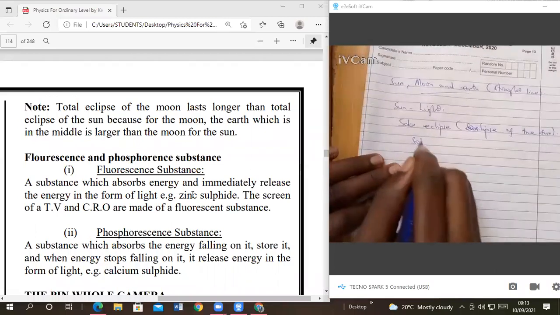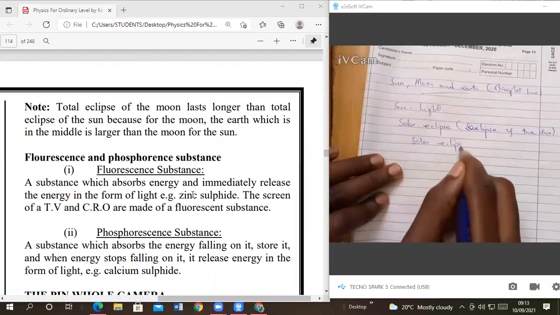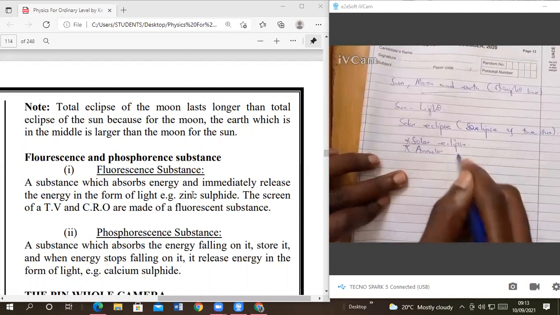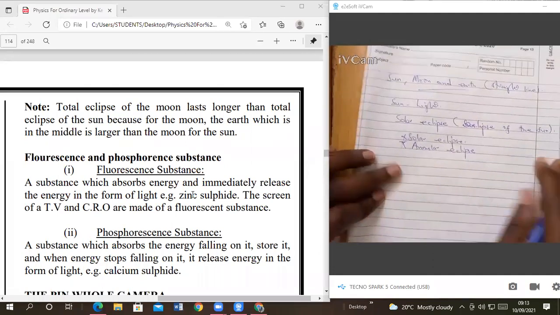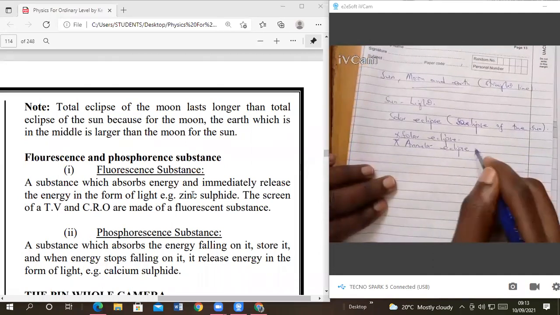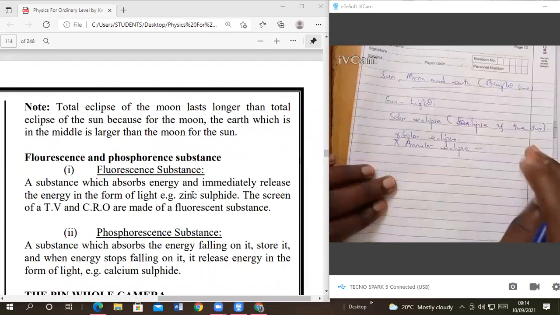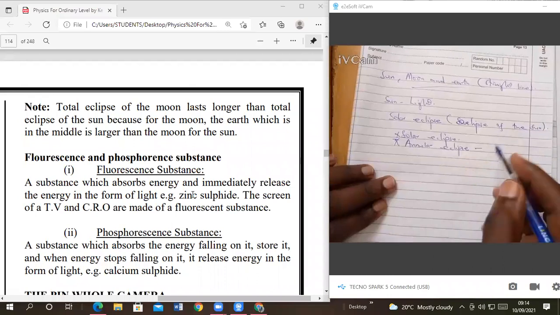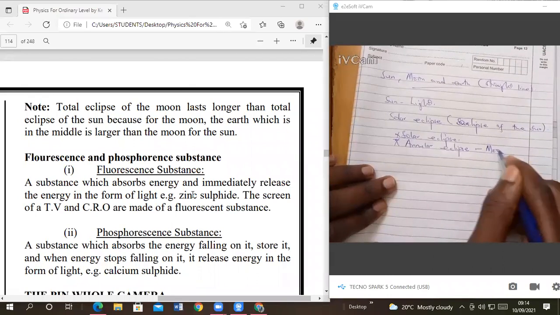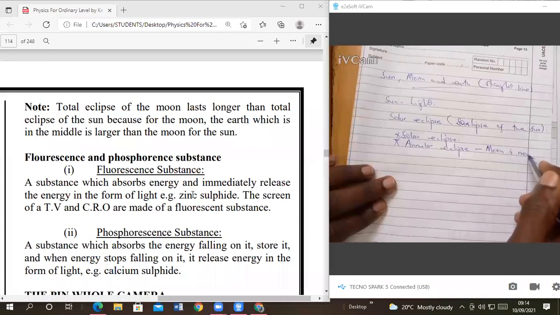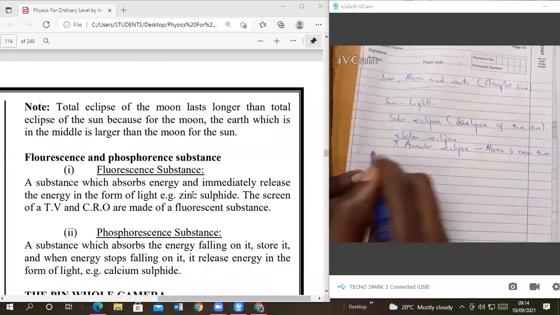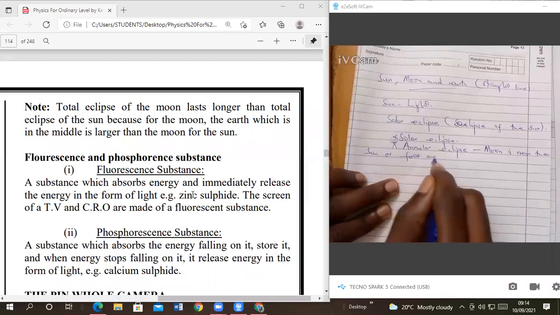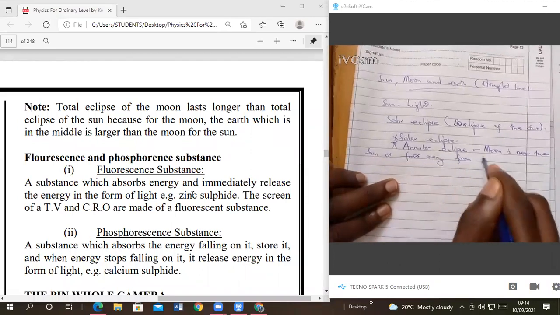There is the total solar eclipse, then there is what we call the annular eclipse. For annular, the moon is far away from the earth. In other words, the moon is near the sun, or far away from the earth.